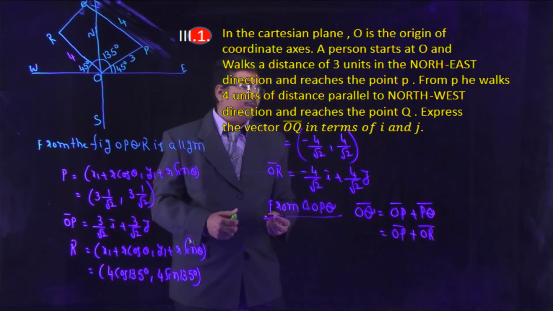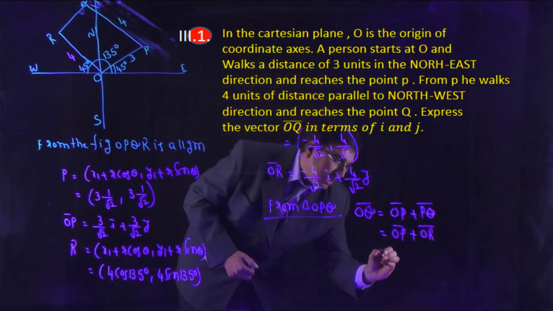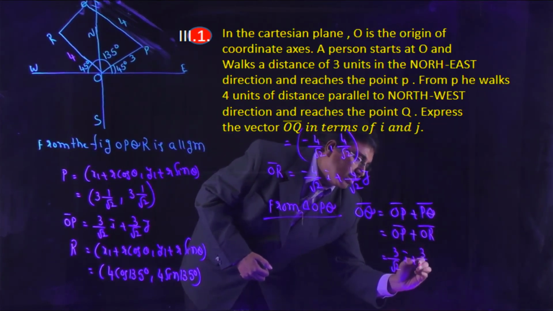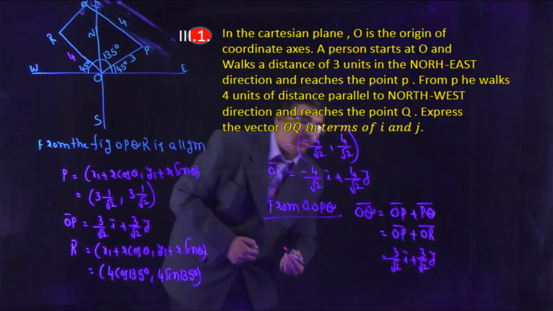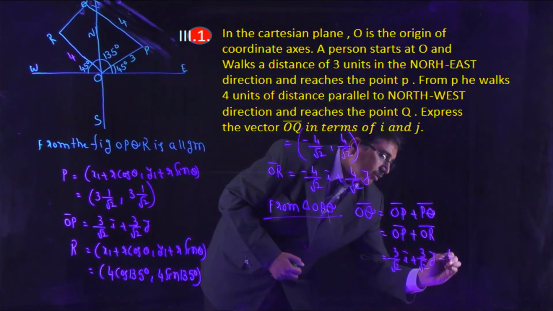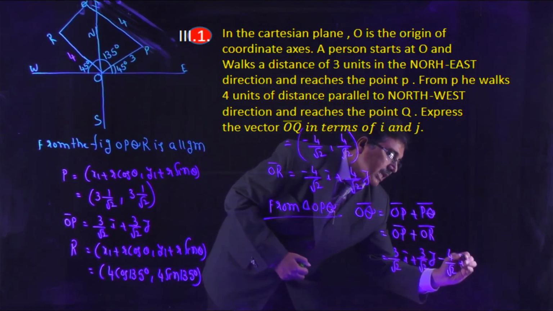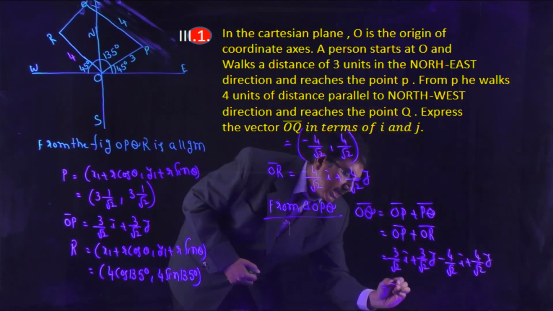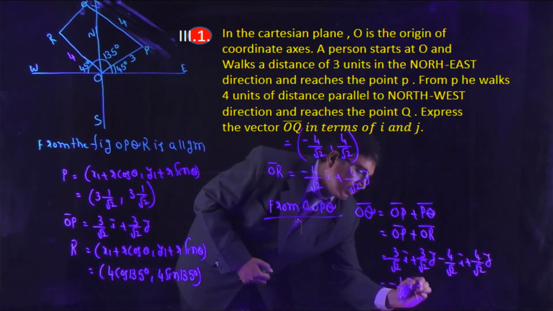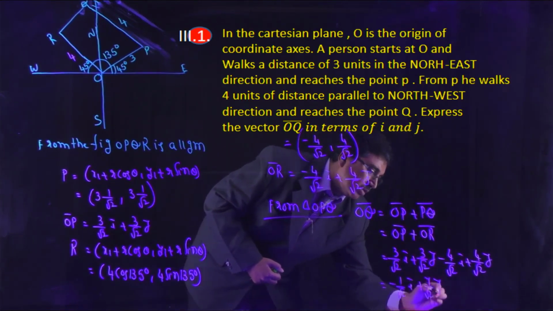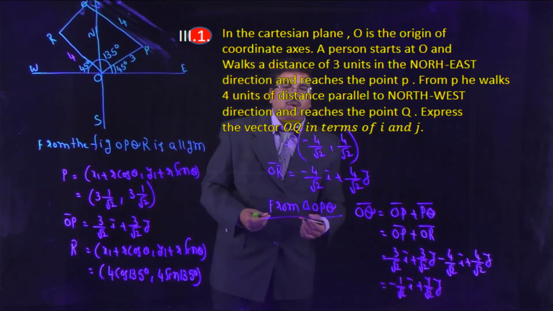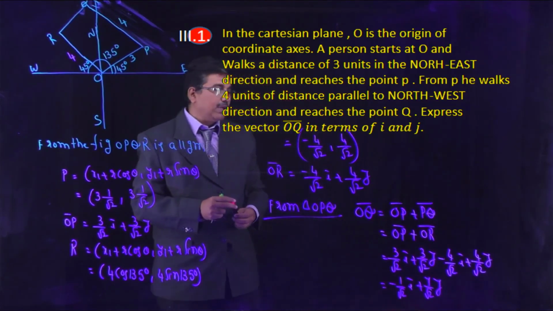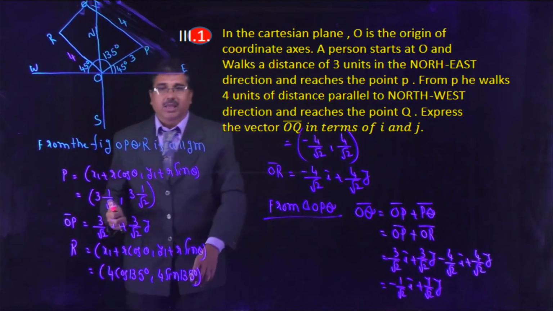So OQ bar is equal to 3 by root 2 I bar plus 3 by root 2 J bar plus OR bar. OR bar is minus 4 by root 2 I bar plus 4 by root 2 J bar, that is equal to minus 1 by root 2 I bar plus 7 by root 2 J bar, that is OQ bar. OQ bar is equal to minus 1 by root 2 I bar plus 7 by root 2 J bar. Right.